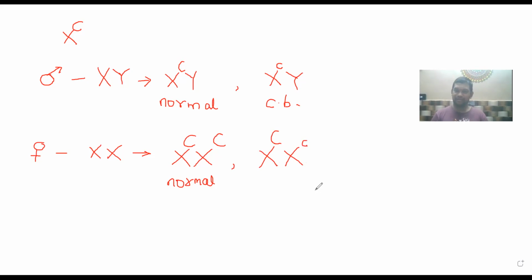If the female is heterozygous for the allele for color blindness, what will the phenotype be?